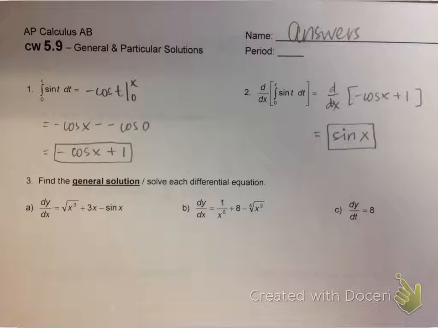On number 2, the difference here is that we're integrating and then taking the derivative. So if you remembered what we had talked about a little while ago when we talked about the fundamental theorem of calculus.